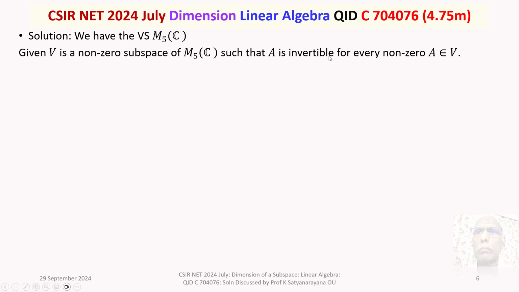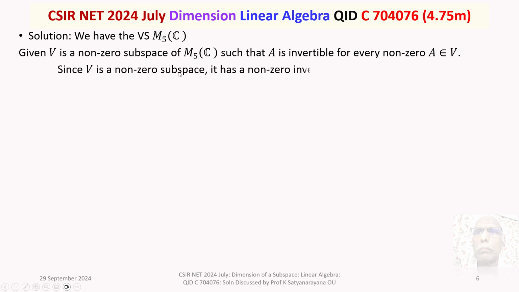Non-zero 5 by 5 matrices, and they are invertible. Now, don't conclude anything. That is the definition for the non-zero subspace V.